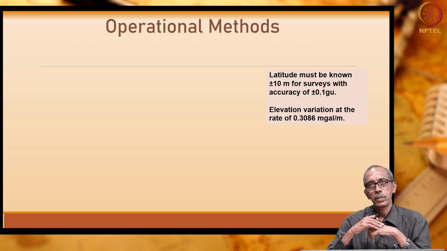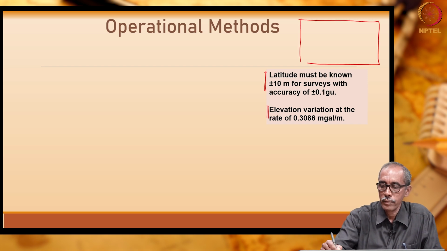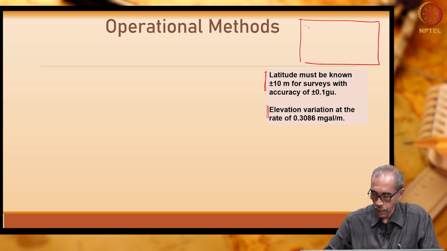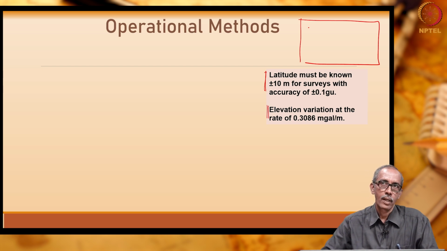First and foremost, as we have seen previously, latitude and elevation have to be precisely measured. Let us say this is the steady site and these are the gravity stations. We should know the station's latitude with an accuracy of plus or minus 10 meters. Similarly, elevation accuracy should be of the order of a few centimeters.